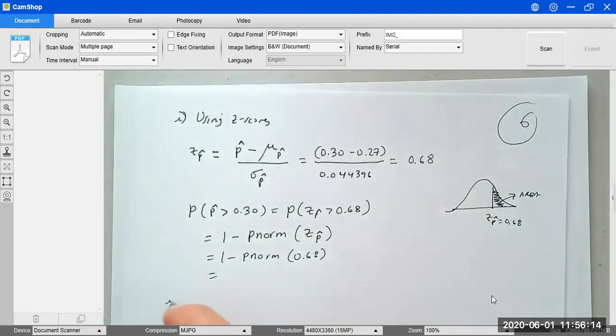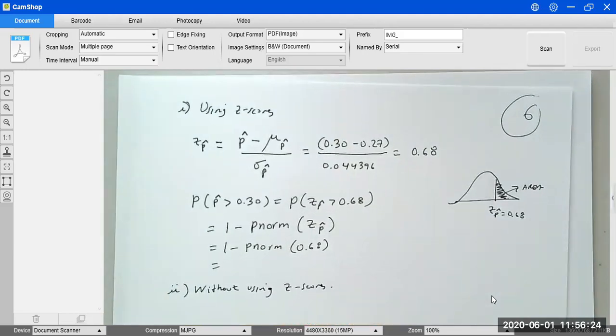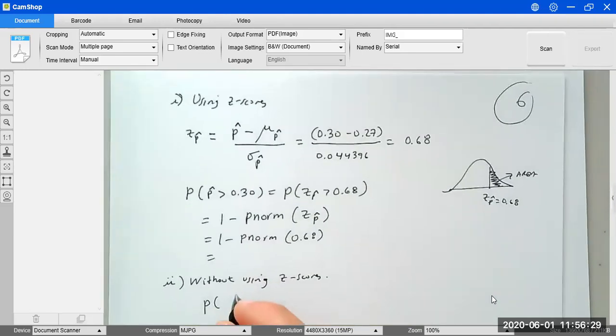The second way is without using z-scores. Without using z-scores, the probability that p-hat is greater than 0.30 is just 1 minus pnorm, because this is greater than, so it's an area to the right.